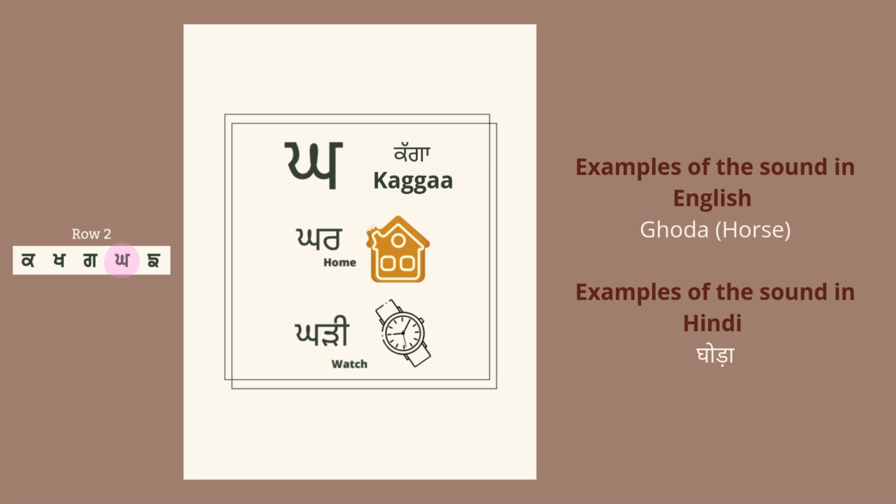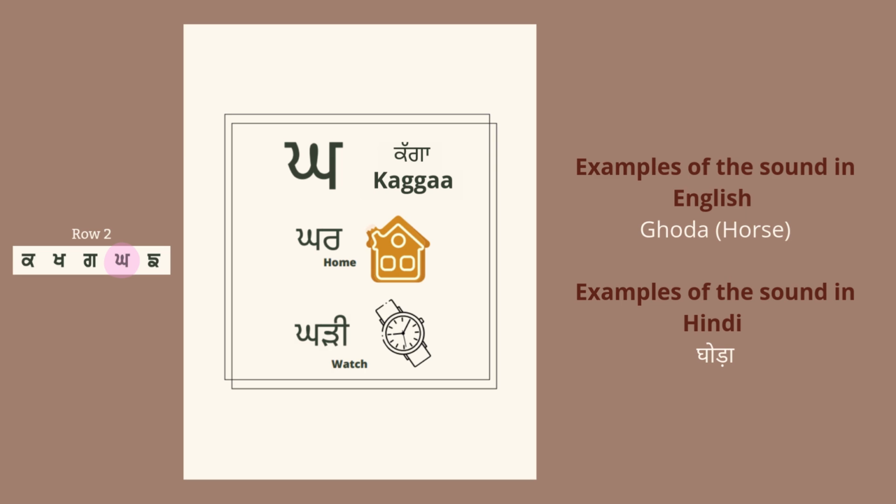Kagga ka, kar. Kagga ka, kadi. If you remember, this is the fourth alphabet in row 2. This will be the combination of the first and third alphabet. Therefore, kagga, kagga, ka, kar.